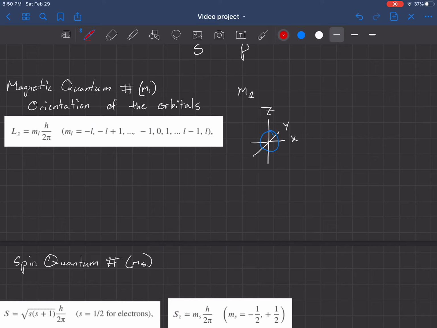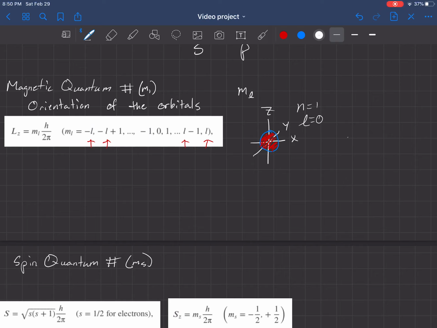That would be something like an n equals 1 situation where L equals 0. If you look here, we have values that can tell us a lot. If L equals 0, then m_L is 0, but for values like -1, 0, and 1, that can tell us a whole lot about what we're dealing with.